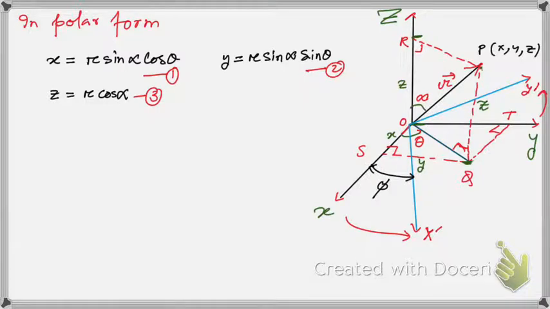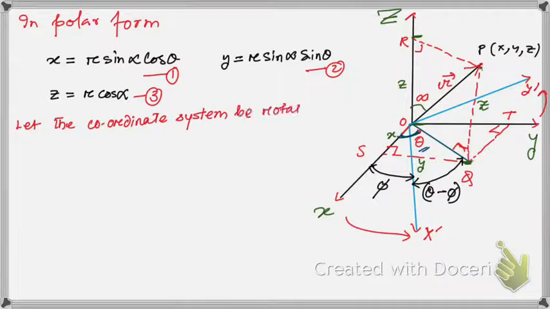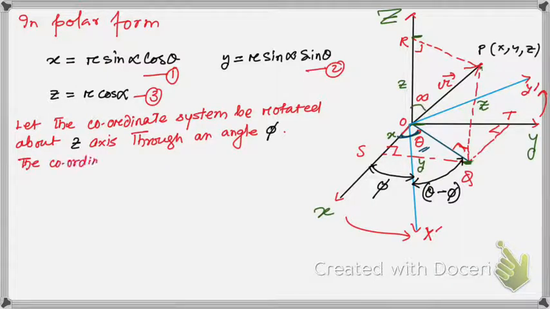So this angle will be theta minus phi, as this whole angle is theta. Now let us write what we have considered: the coordinate system is rotated about the z axis. That means the z axis is fixed, it is not rotated, but the x and y axes are rotated through the angle phi.